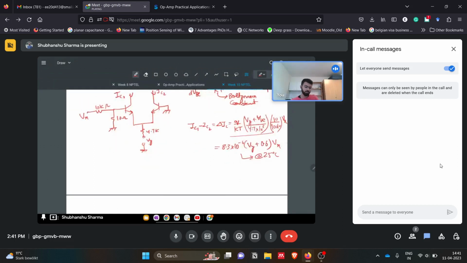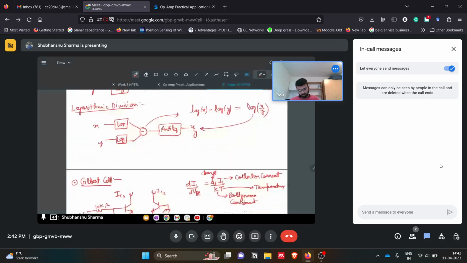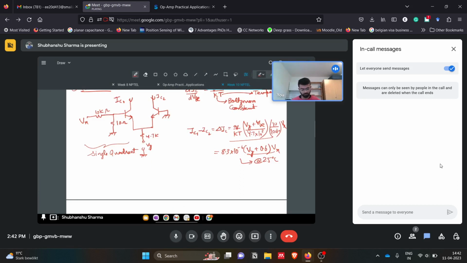So we were able to achieve the multiplication of the input signals, but here there was some limitation. The limitations were that, first of all, this is only a single quadrant, so we cannot achieve a four quadrant analog multiplier from this case.